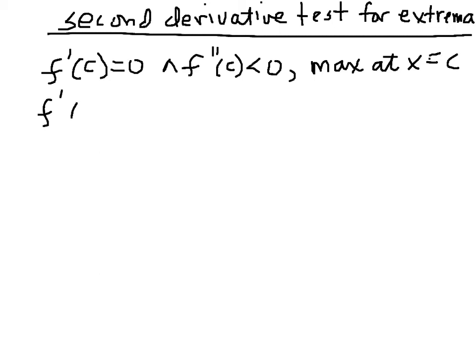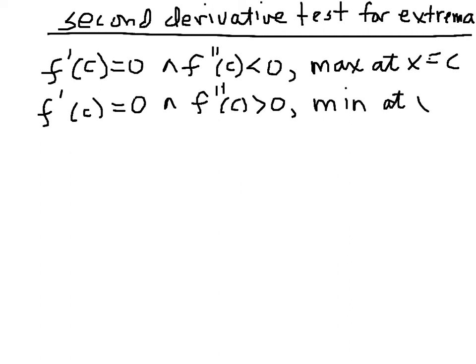Similarly, if the first derivative is 0, and if the second derivative is greater than 0, that means we have a min at x equals c.